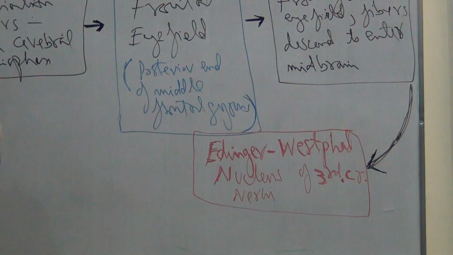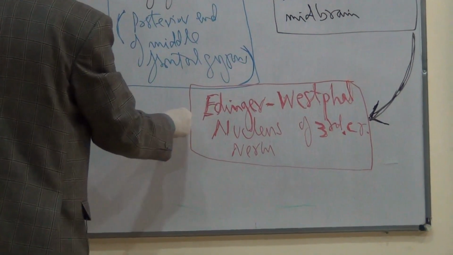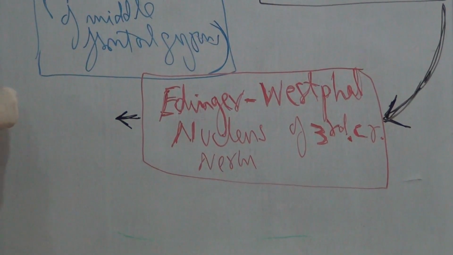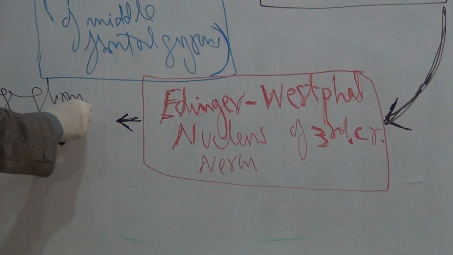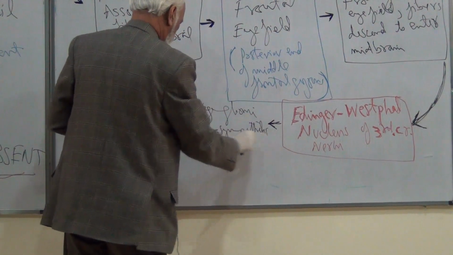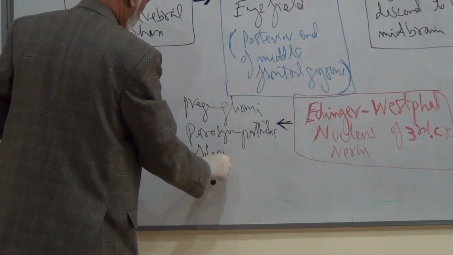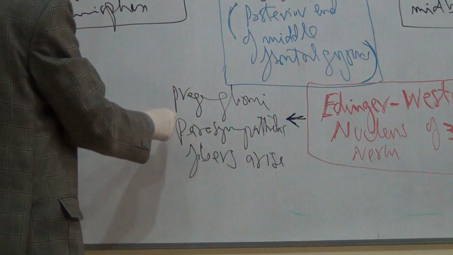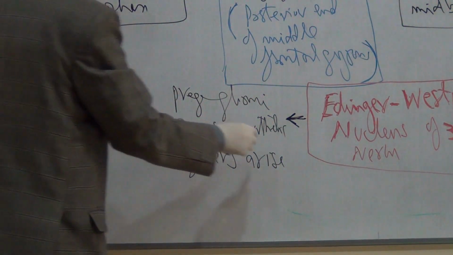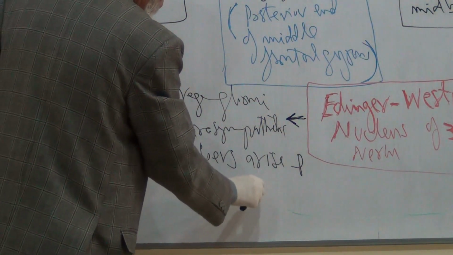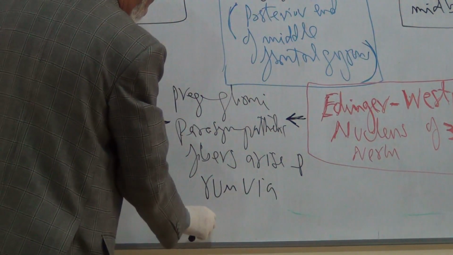From the Edinger-Westphal nucleus, preganglionic parasympathetic fibers arise and run via the oculomotor nerve.